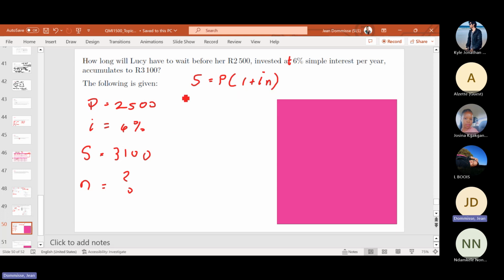So we know what S is, so we can rewrite this formula a bit differently. If we write S divided by P, that will give us S divided by P is equal to 1 plus i times n.